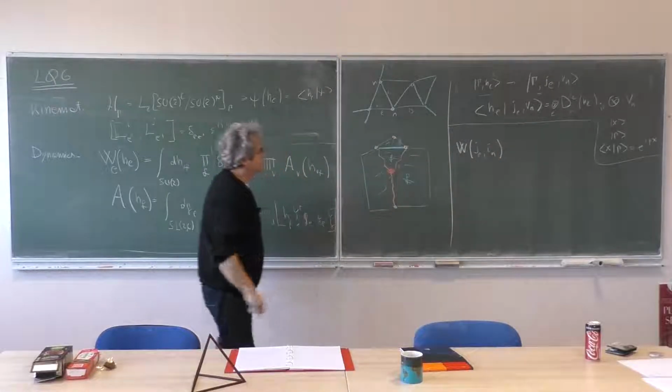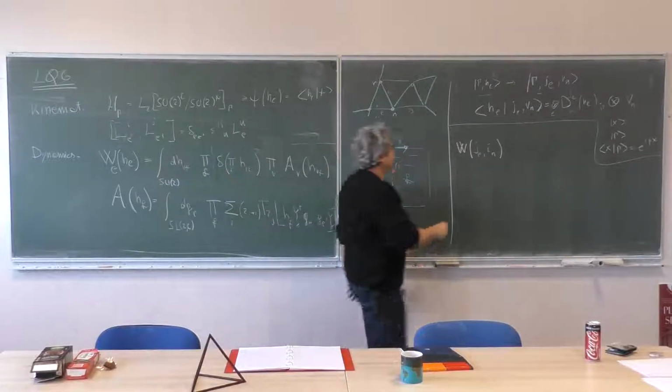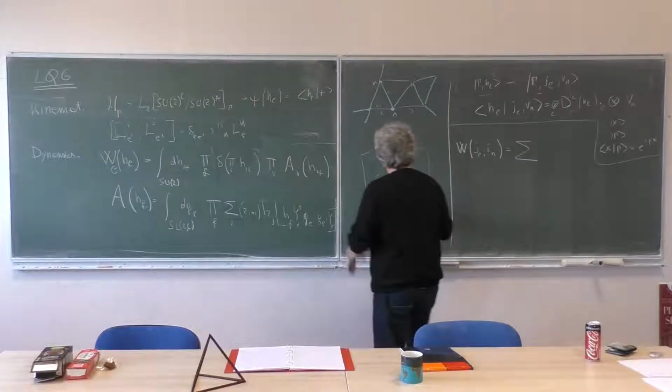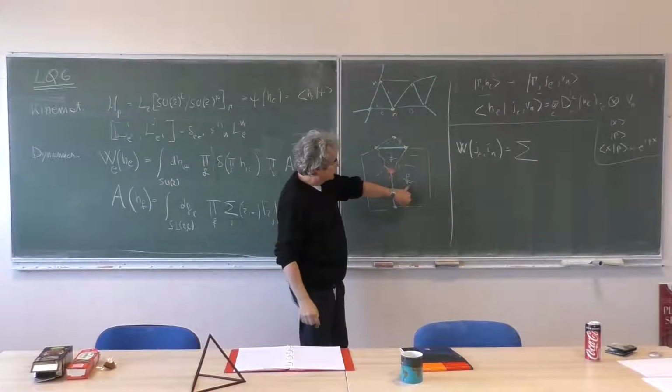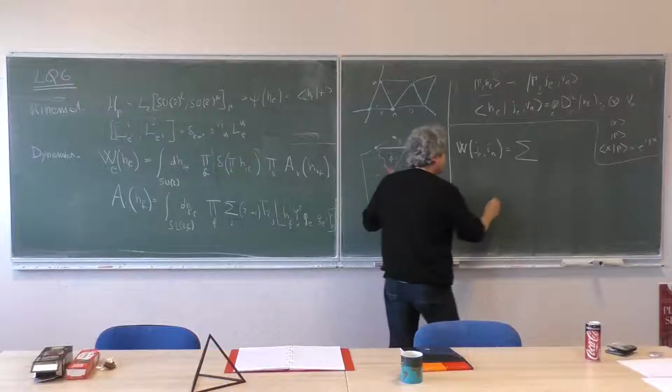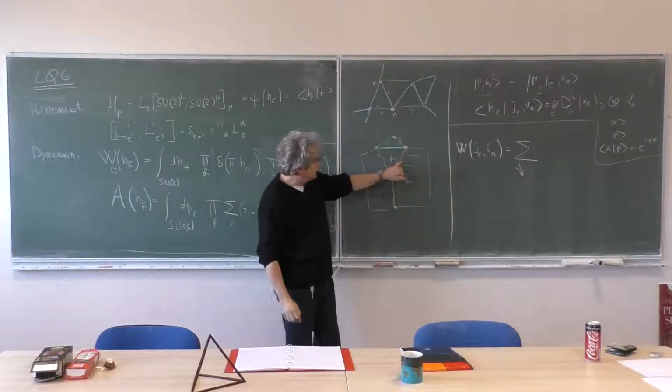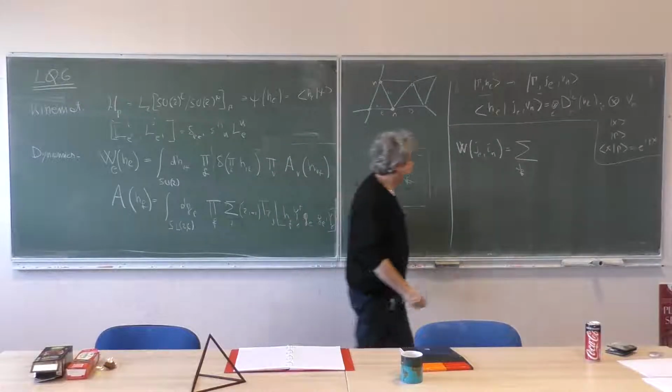Because you go to the other basis, and it turned out to be given by a sum over spins associated to internal faces, and intertwiners associated to edges.